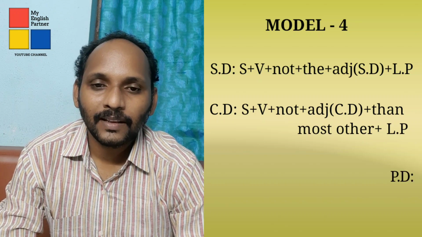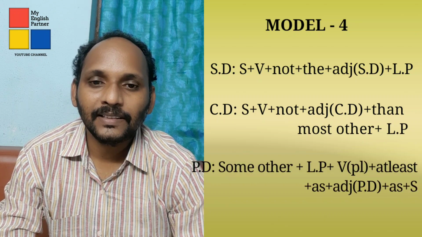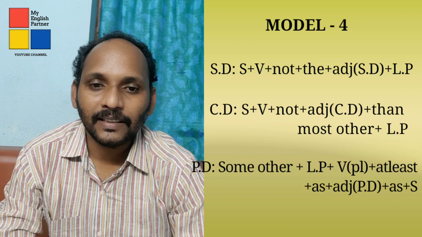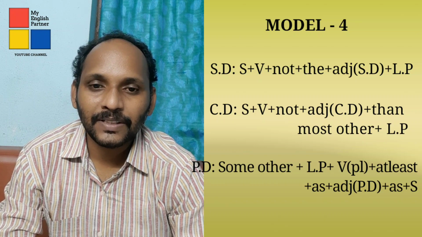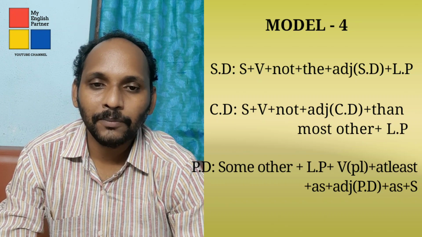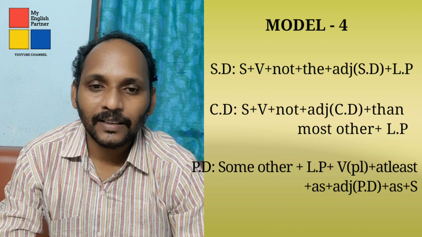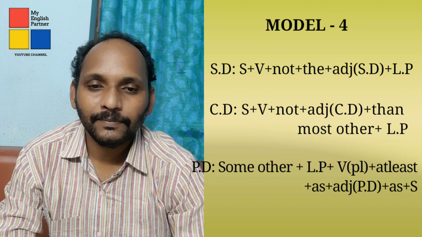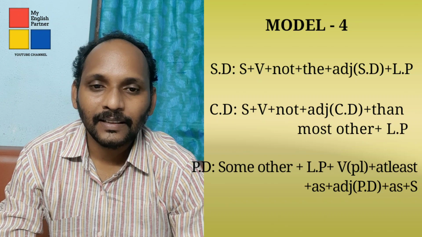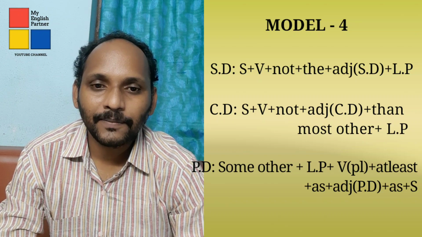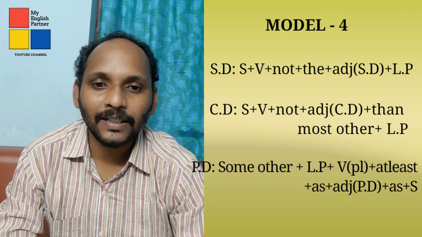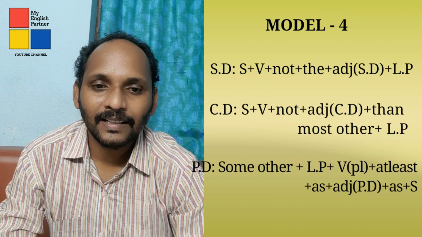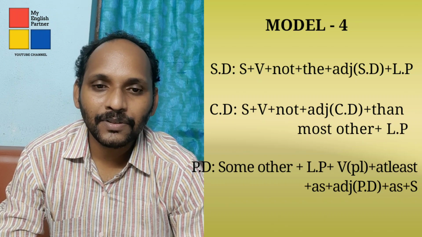Positive degree begins with "some other," then the last part of the sentence which has the plural noun form, then the plural verb form, then the semi-negative "at least," the positive degree between "as" and "as." At the end, we have to use the subject.